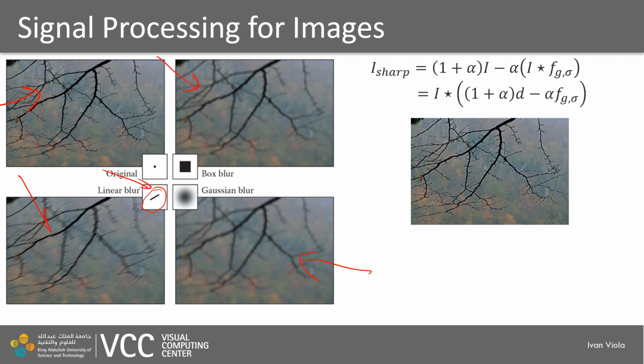The same logic is somehow applied to an unsharp masking filter, a sharpening filter, where the idea is that there is already some blurriness in the image, and we want to get rid of it. And how to get rid of it? Maybe we can subtract from our original image a blurred version of itself.